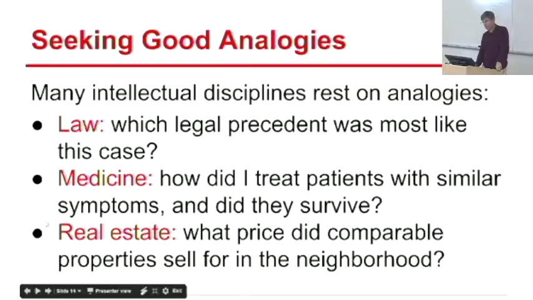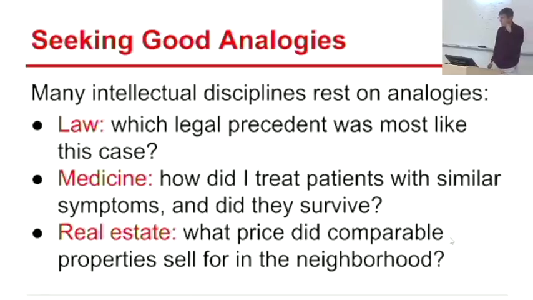For example, when people buy and sell houses in this country, how do you set the price you should be charging for a house? Usually they will say, give me comps. What does comps mean? A comp is a comparable house.